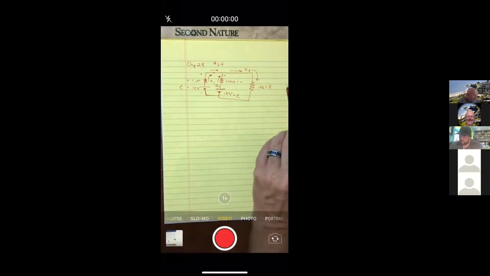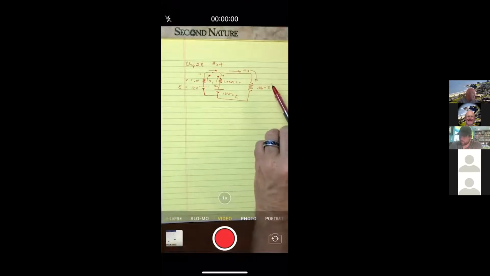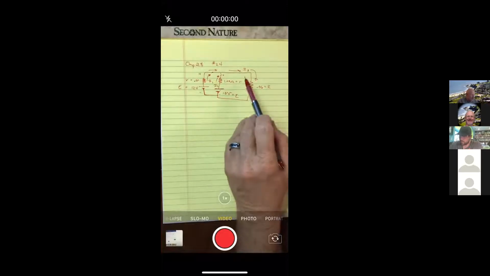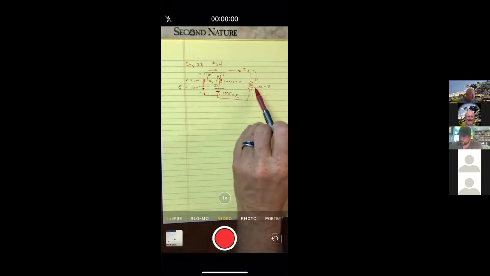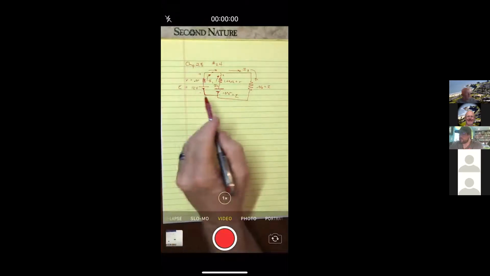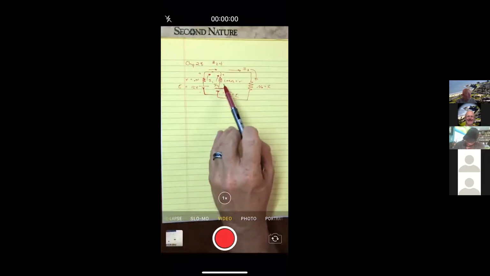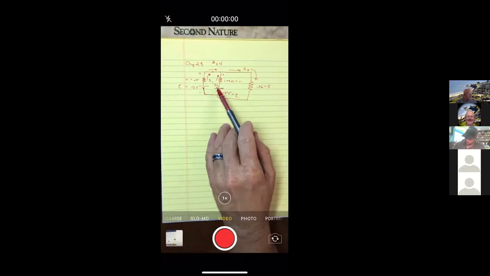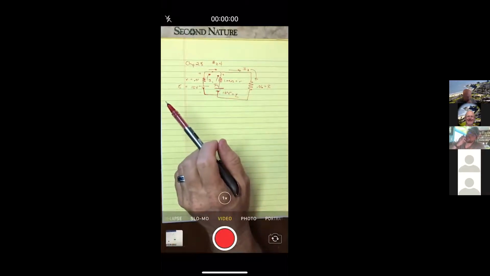I give myself a 99.9999% probability that the current for number 3 is going to come out to be positive going this way, and also the current for the good battery is going to be going the way I picked, and so that'll be positive. One I'm not real confident with is whether I2 will be positive or negative.